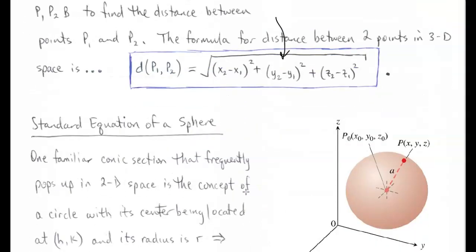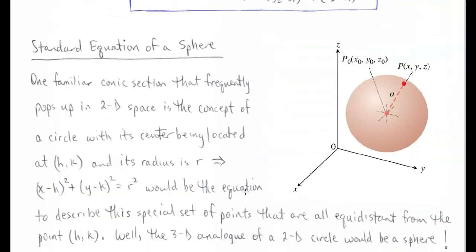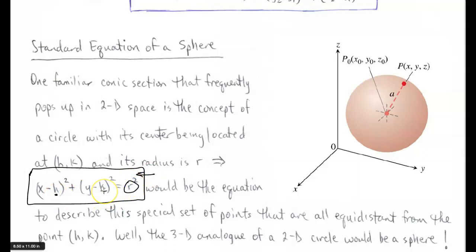The standard equation of a sphere, if you can remember the standard form for the equation of a circle, is this, where we know that the center of the circle is here and r is the radius. Well, the equation of a sphere has that same flavor to it.